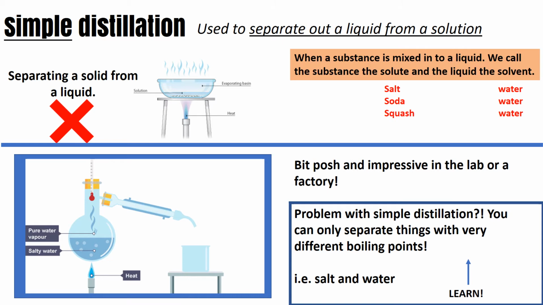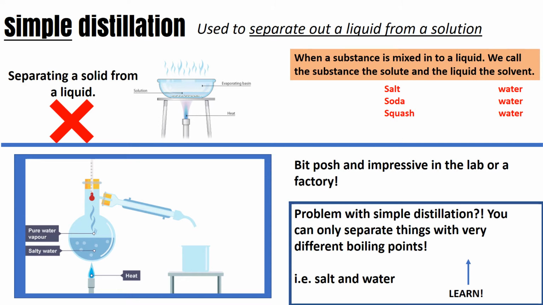The problem with simple distillation is you can only get things that have very different boiling points. So when we were talking about salt and water from our seawater, the salt had a really, really high boiling point, which meant you'd have had to heat it up to temperatures of 1,500 degrees centigrade to get that to evaporate.